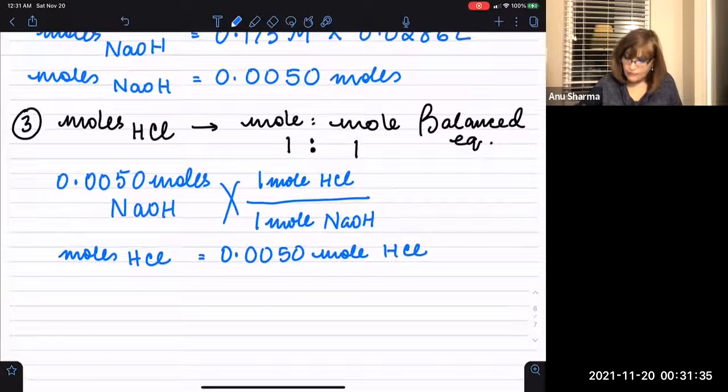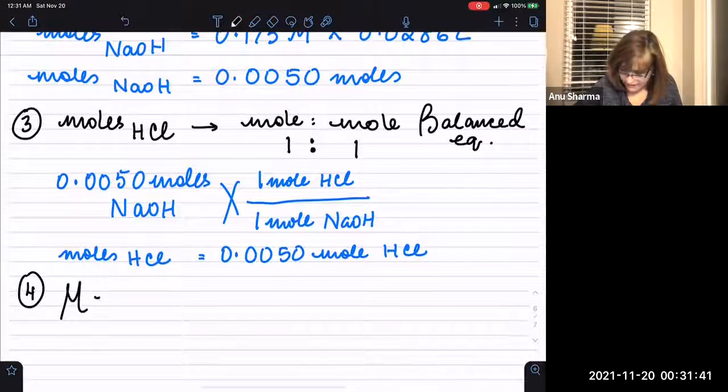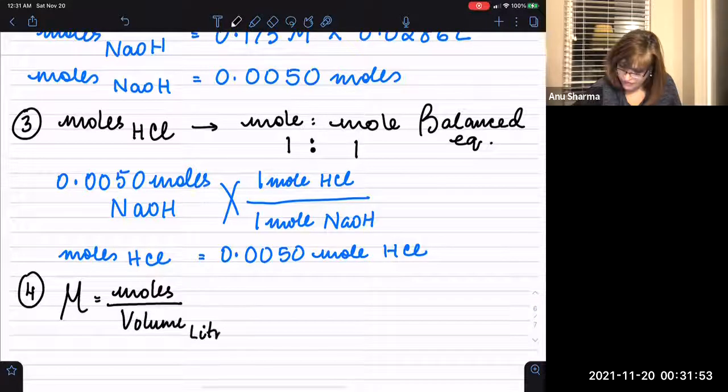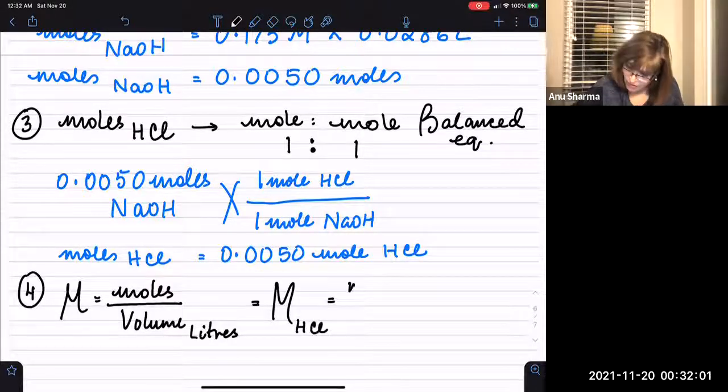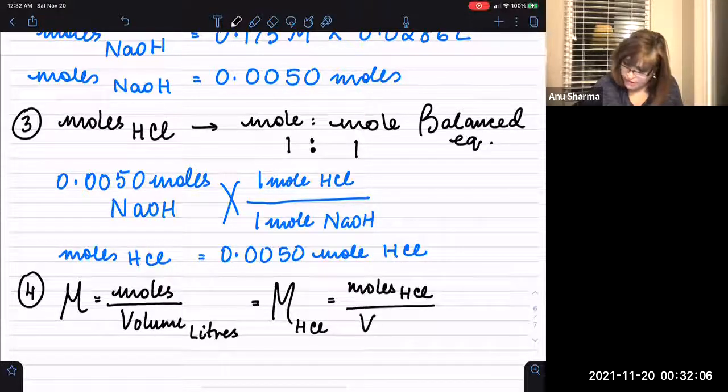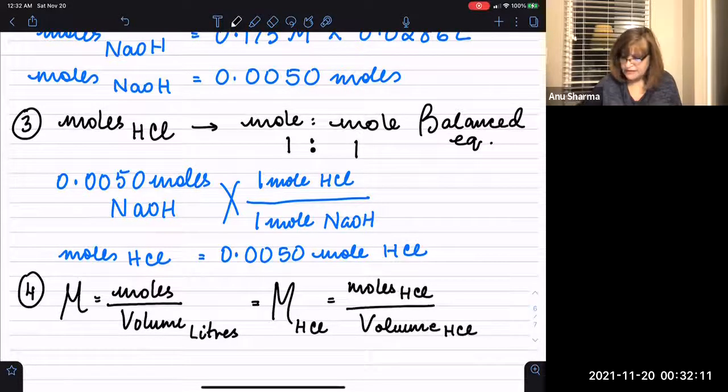Now we have the moles of acid and the volume of acid, so you can find the molarity. Molarity is equal to moles over the volume in liters, always liters. So the molarity of HCl is equal to the moles of HCl over the volume of HCl in liters.